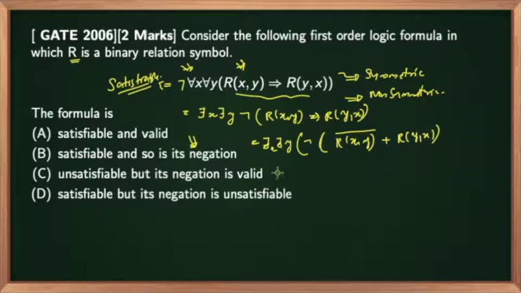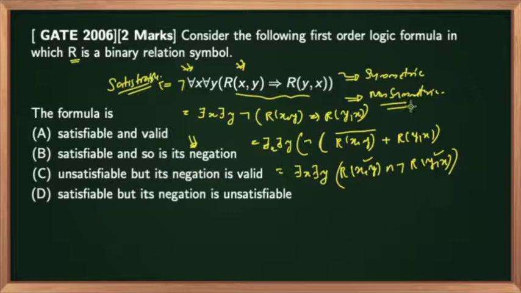So I can write it as there exists an x, there exists a y, r of x comma y and not r of y comma x. So there exists a pair such that r of x comma y is present and r of y comma x is not present. That type of relation is called non-symmetric.